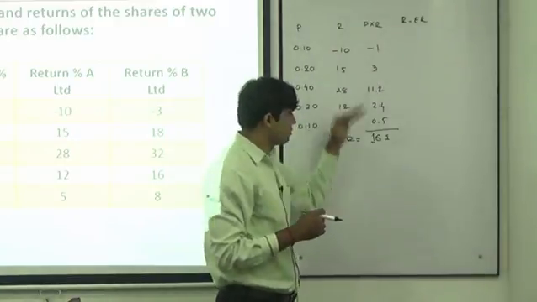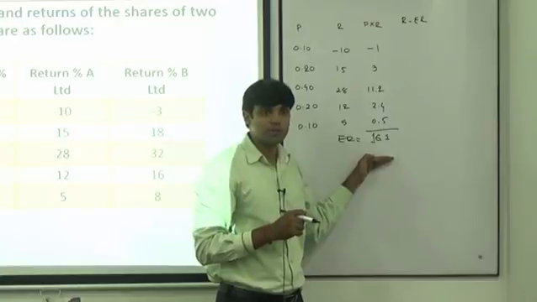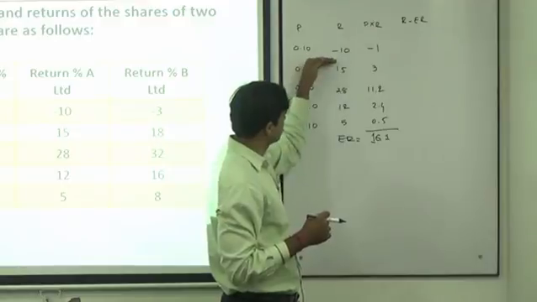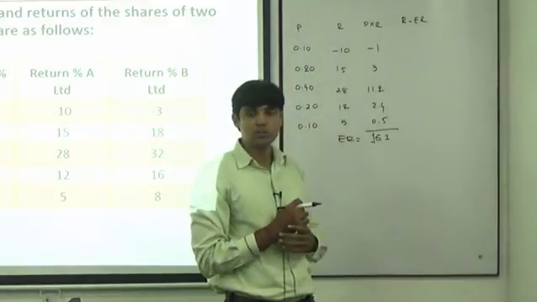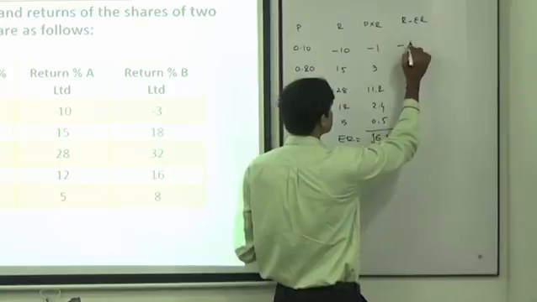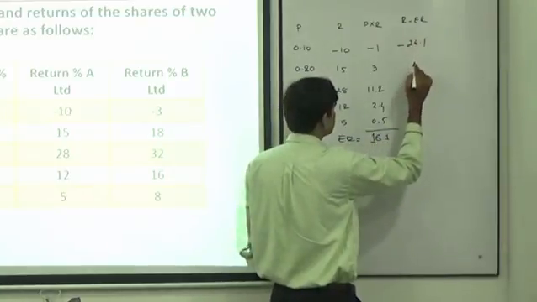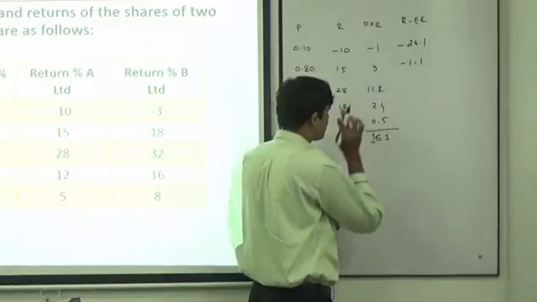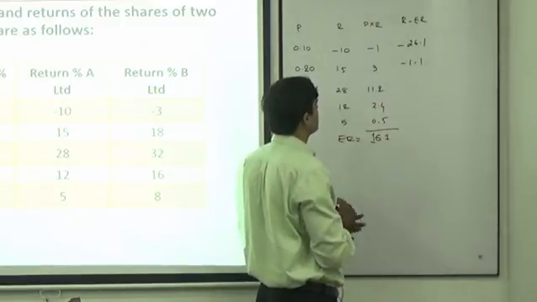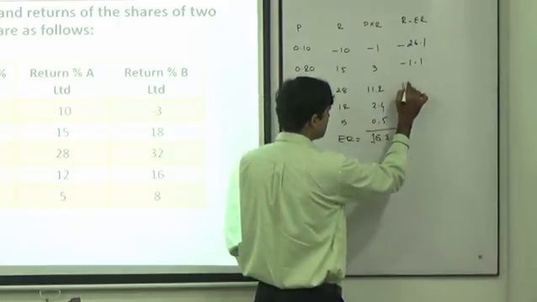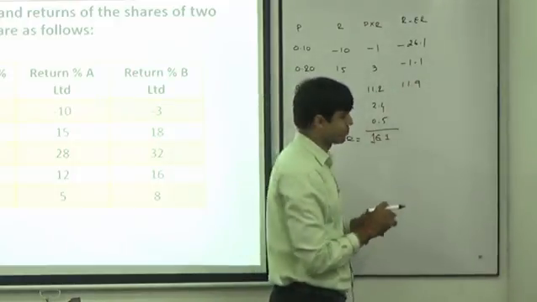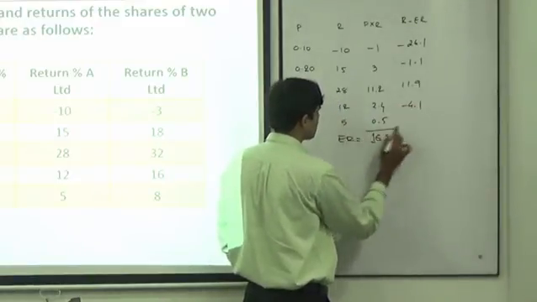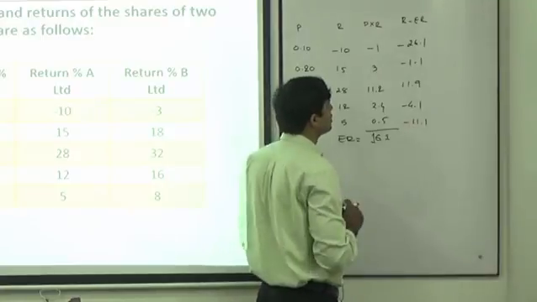It is -10 minus 16.1, so it comes to minus 26.1. This is going to be minus 1.1. 28 minus 16.1, so it is going to be how much? 11.9, if I'm not wrong. This is going to be minus 4.1 and this is going to be minus 11.1.